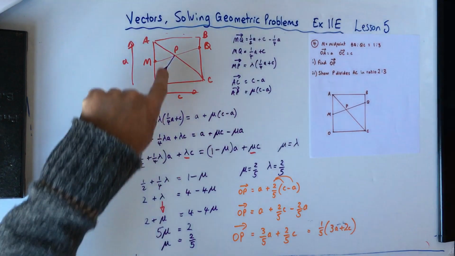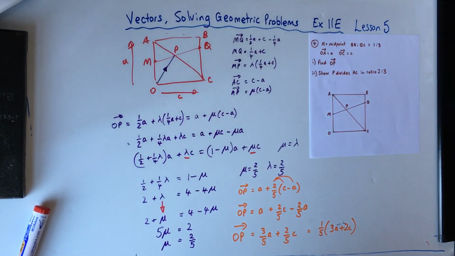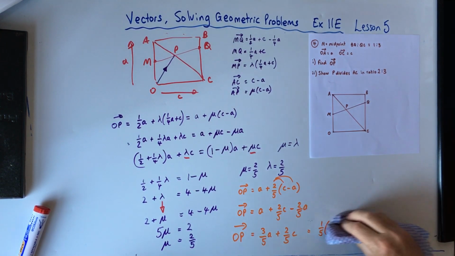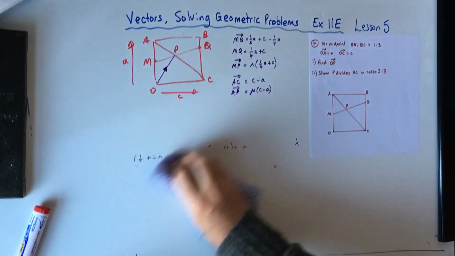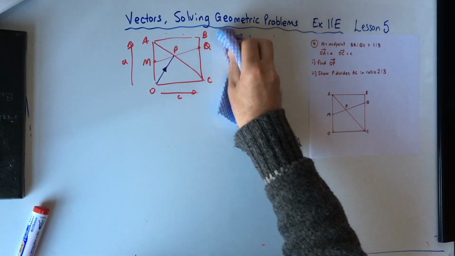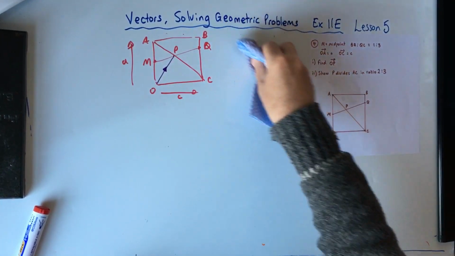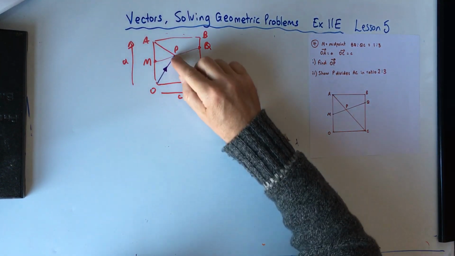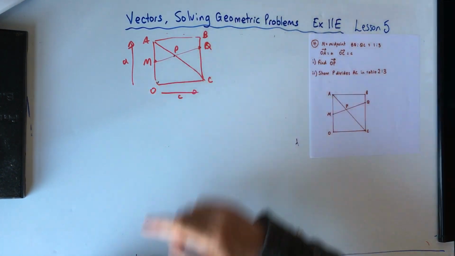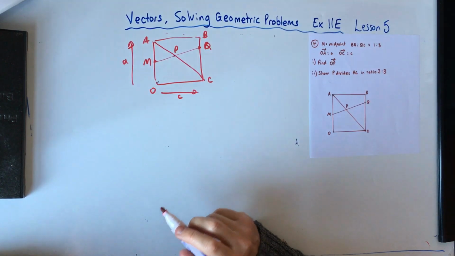You could do it a lot quicker using similar triangles. I can just very quickly show you that. You could have done it, and the book doesn't want you to do it this way, or the other way that I did it the first time I had a go at this.